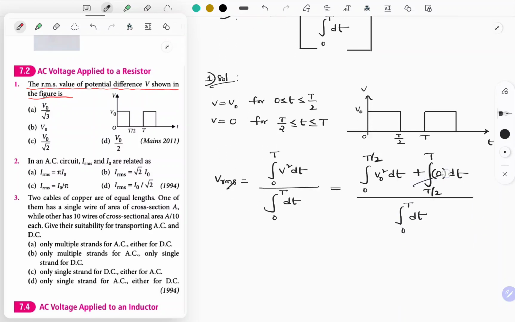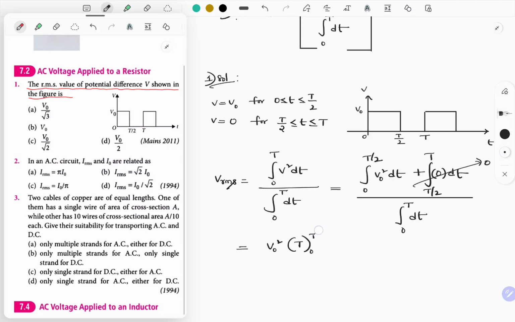So let's integrate them. This one is going to be 0. V naught square is a constant magnitude that will come outside, and integral dt is t.